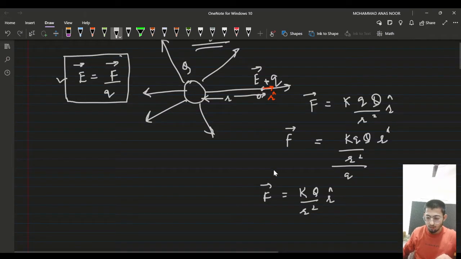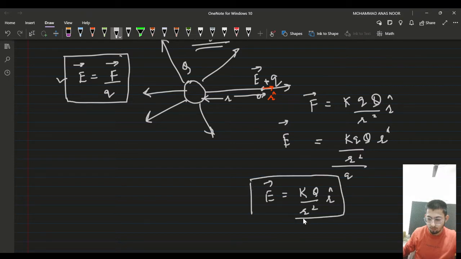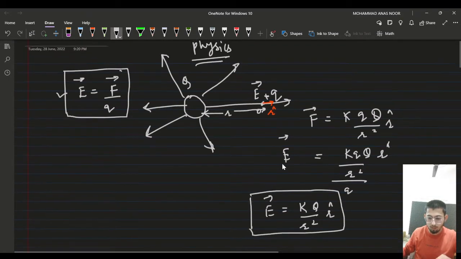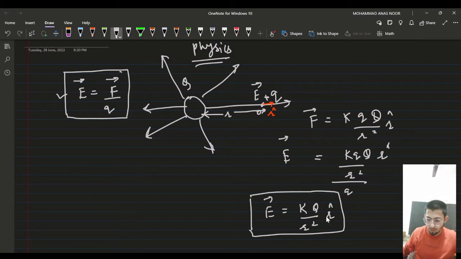Okay, so now this would be electric field, not force, because we divided it by q, right? So this is the electric field. Now what can you conclude from this? This is electric field, KQ by r squared r cap. So electric field is being generated by this charge, right? So only this charge will be coming into this equation, in the numerator.